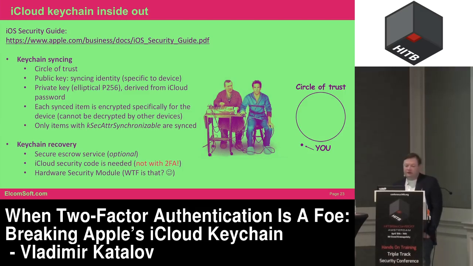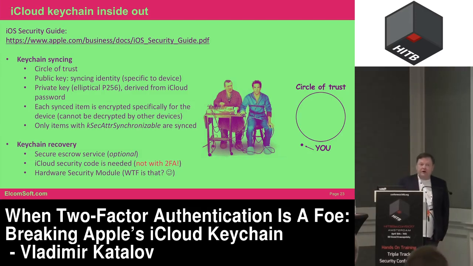And the circle of trust is signed 2 times, with a public key, which is specific to every device as a syncing identity, and using a private key, which is strong and cannot be broken. It is based on elliptic curve cryptography with 256-bit keys, which is even much stronger than the Advanced Encryption Standard.